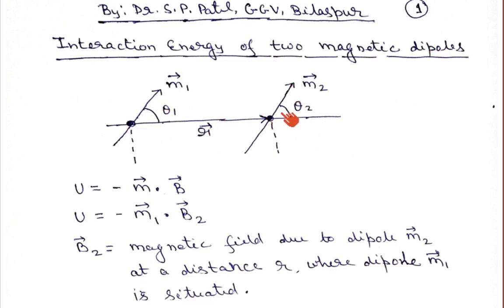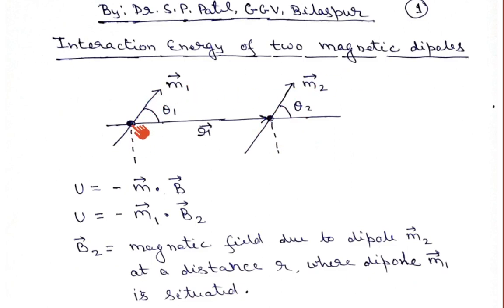In order to calculate the interaction energy of two dipoles in the present problem, this is dipole M1 and dipole M2. Obviously, each dipole produces a magnetic field, as we have learned in our previous lectures. So we can consider the first dipole and the magnetic field produced by this dipole, and calculate the interaction energy between these two dipoles at this position.